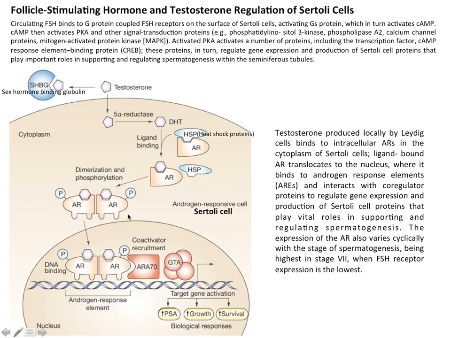Once this receptor is dimerized and phosphorylated, it enters the nucleus and binds to ARE, that is the androgen response element in the nucleus. So it can activate the various target genes. It can increase the production of sperm and survival of the sperm. So here you can see how this testosterone is helpful in spermatogenesis inside the Sertoli cell.